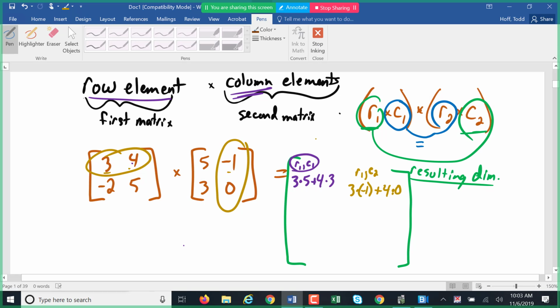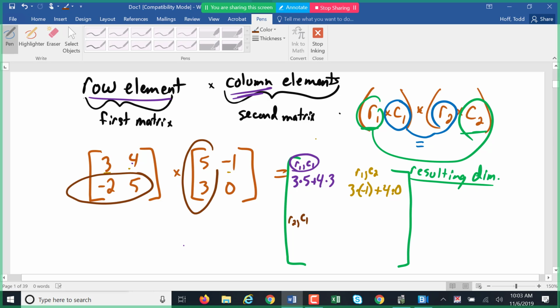Moving down here, this is row 2, column 1. So I'm looking at row 2, column 1. I get the first entry of each, I have -2 by 5. So -2 times 5, plus the second entry in each, 5 times 3.